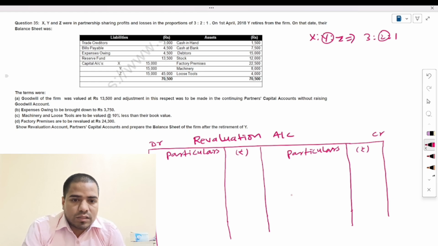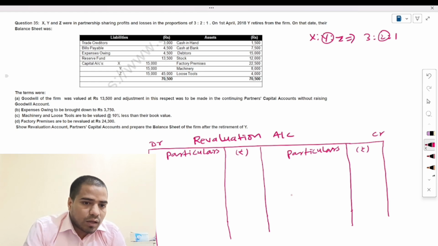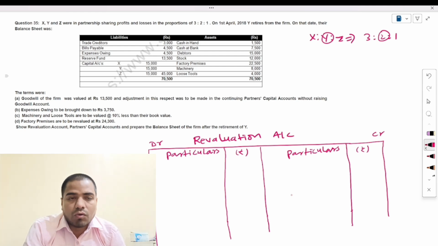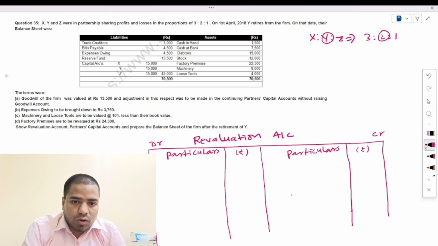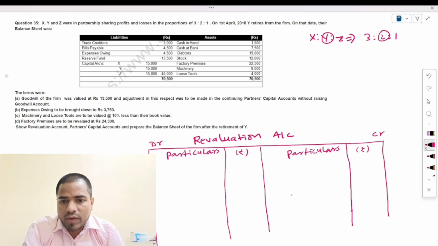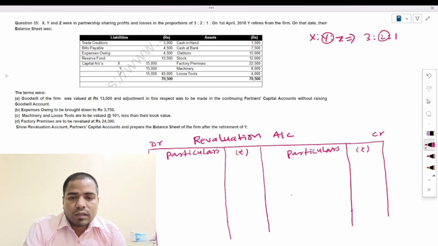And the adjustment in this respect was to be made in the continuing partners' capital account without raising goodwill account. Expense owing to be brought down to 3,750. Next, machinery and tools were to be valued at 10% less than their book value. Factory premises are to be revalued at 24,300. These were the terms and conditions for the retirement.